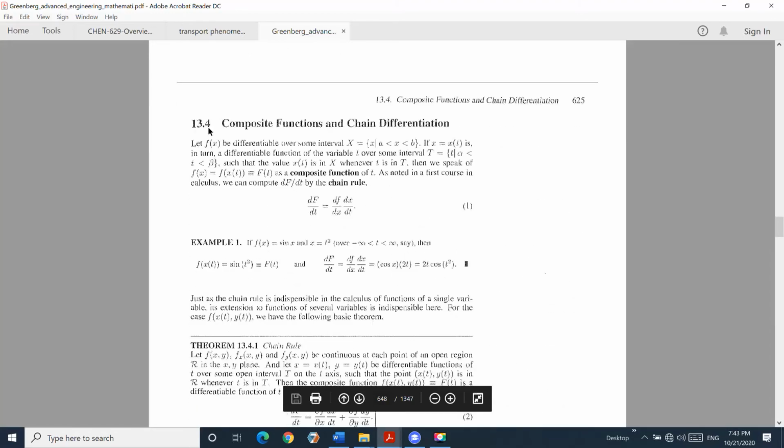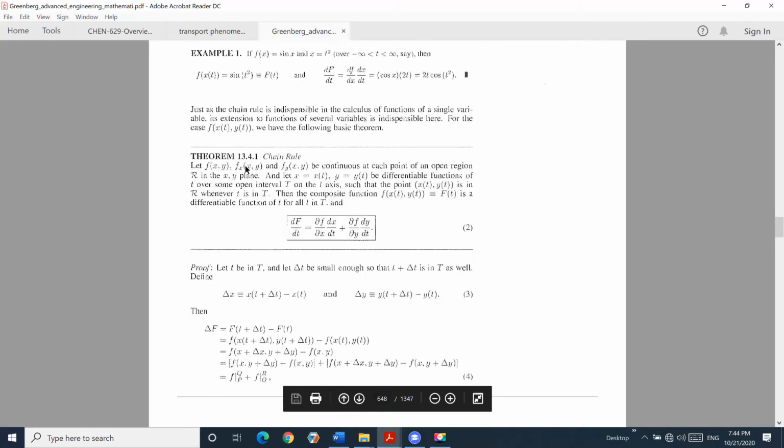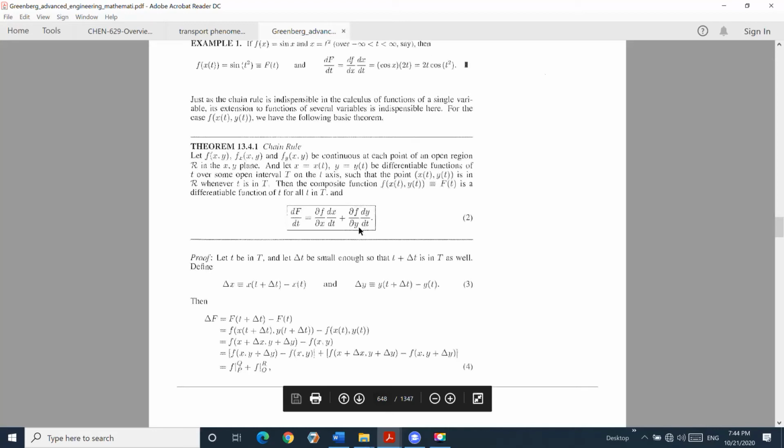Section 13.4 is composite functions and chain differentiation. We call this the chain rule, and the theorem for the chain rule is given in these equations. You can find here how to apply the partial derivative.